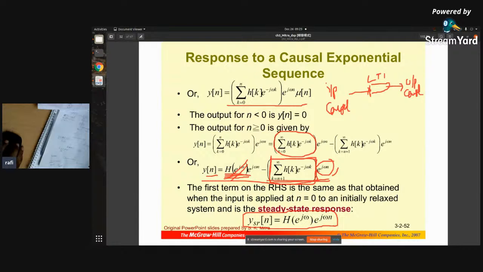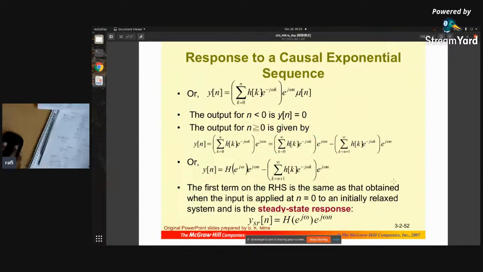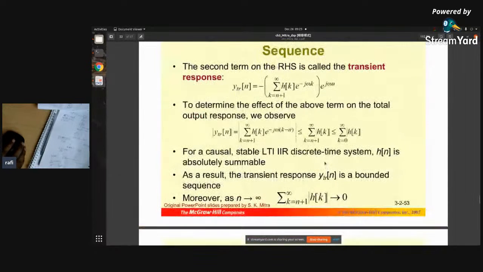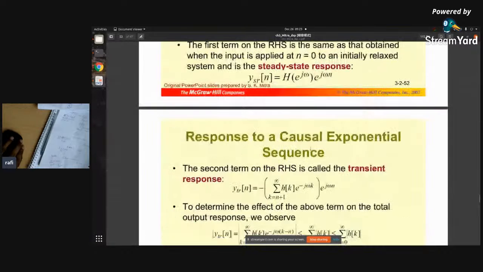The other term is associated with k equal to n plus 1 to infinity. This is a very common thing. The second one is called the transient response, because every response is the sum of steady state and transient.